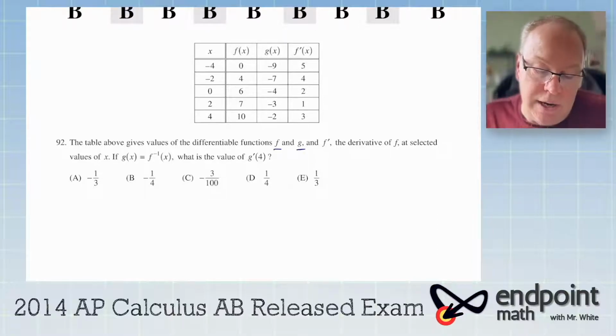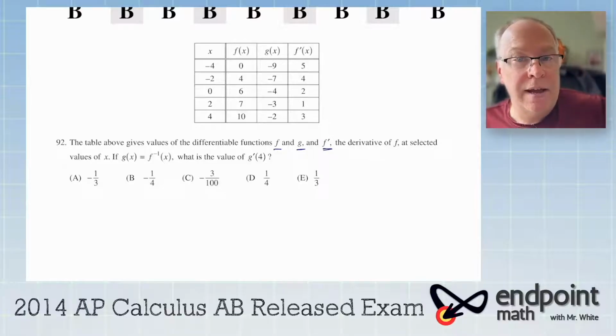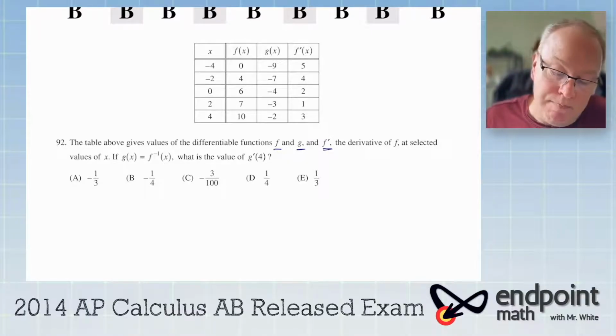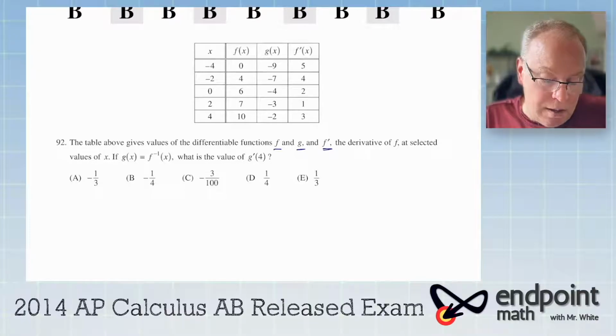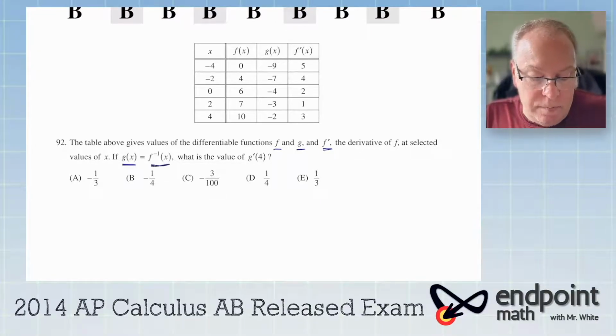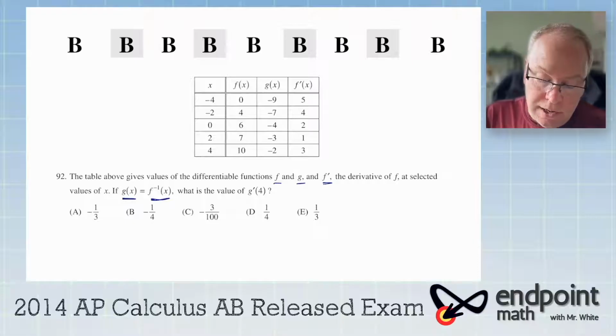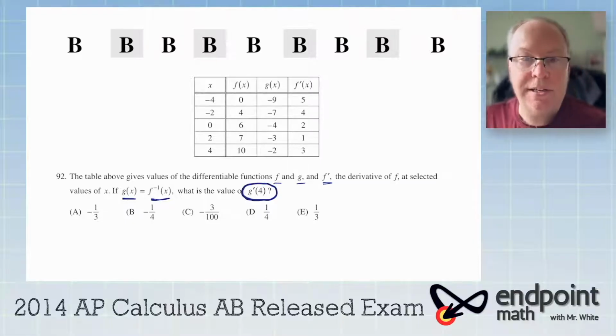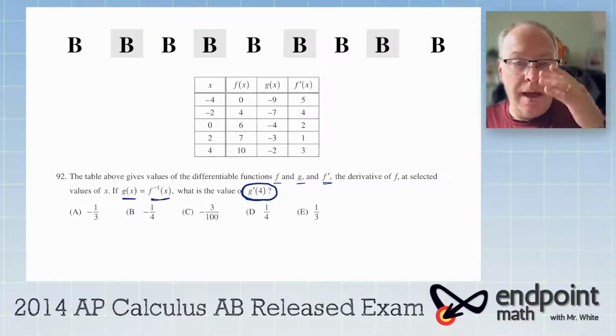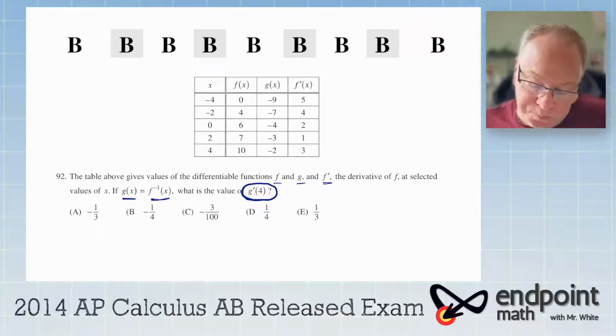Functions f and g are above, and also, of course, the derivative just on f. But we don't have a g prime column. G, as it turns out, is the inverse of f. So what is the slope of the tangent line at 4 on G?